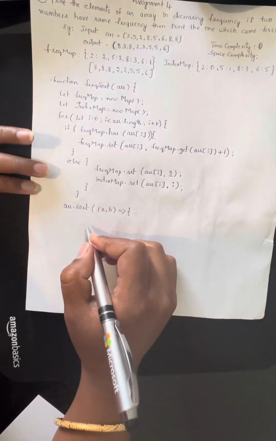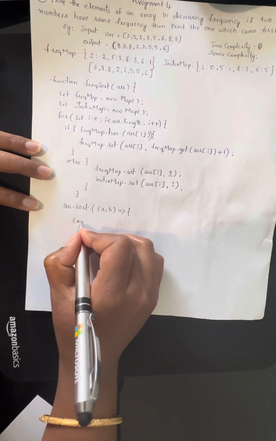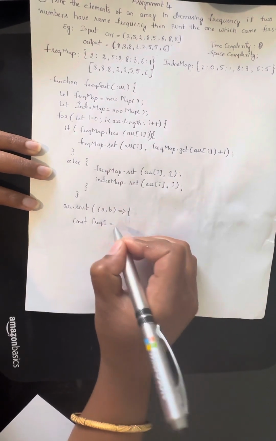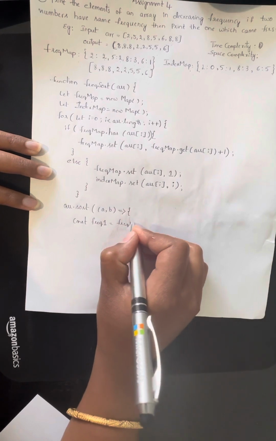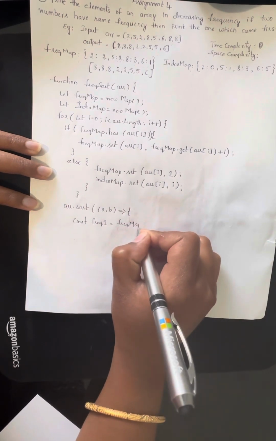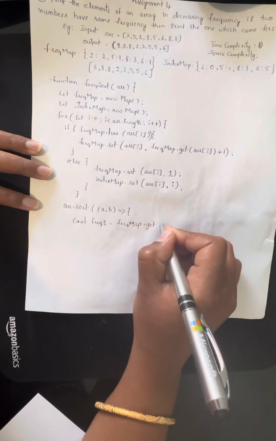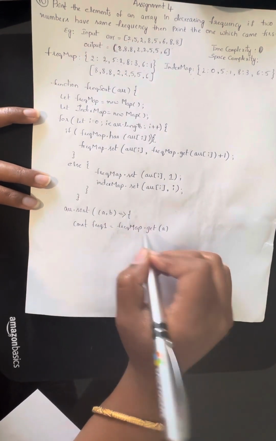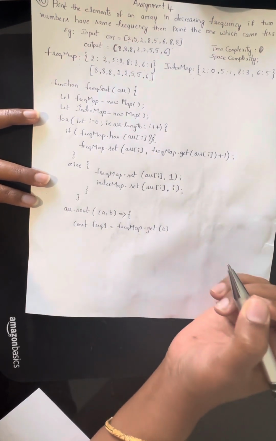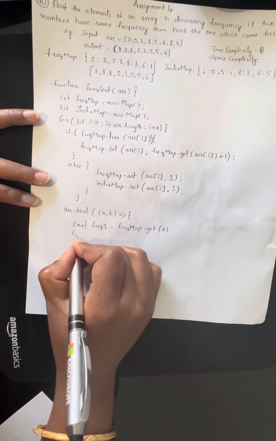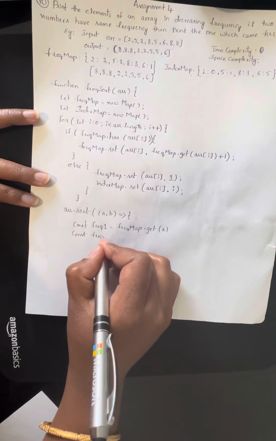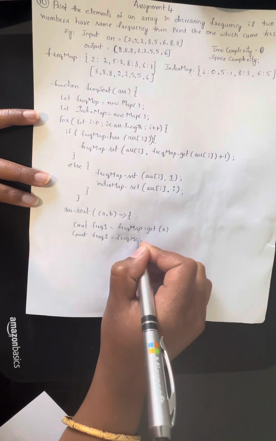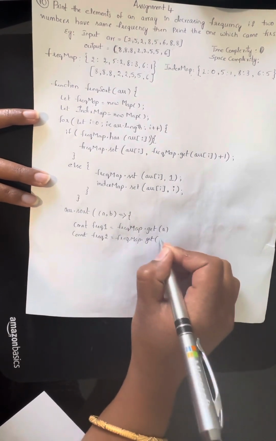I'm writing an arrow function here, and let's assume two variables. The first is frequency1, in which we get the frequency of that element from the frequency map: frequencyMap.get(a). Let's declare another variable, frequency2, in which we get the frequency of the second element from the frequency map.